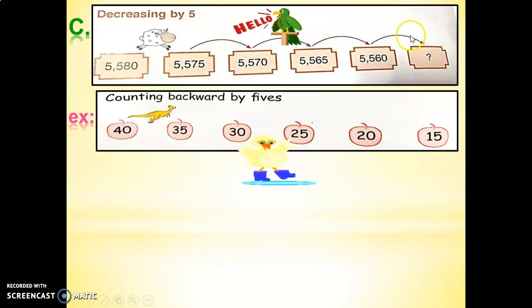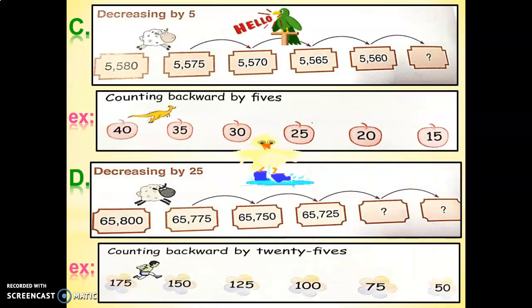What do you think should be the last number here? If we have 5,560 minus 5, this number should be 5,555. Another example will be 40, 35, 30, 25, 20, and 15. These are all counting backward by 5s or minus 5.